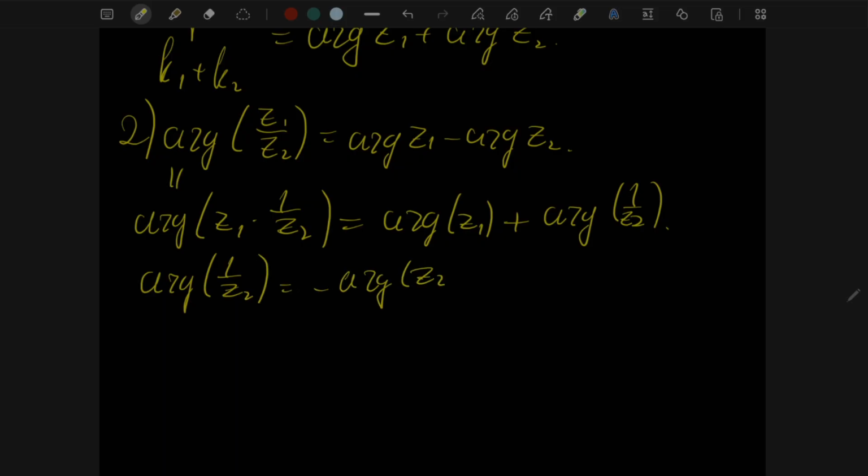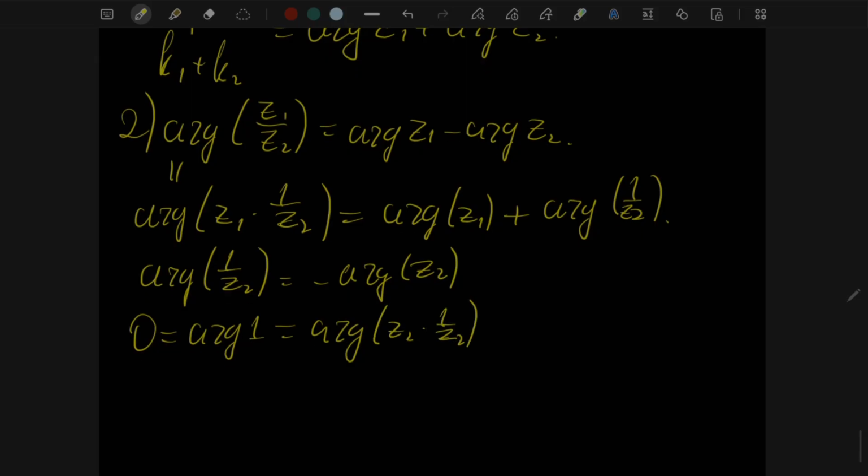And how do we do this? Basically in the same way. So 0 is the argument of 1, which is the argument of z2 multiplied by 1 over z2, and from here, using the first property, we split them as argument of z2 plus argument of 1 over z2.